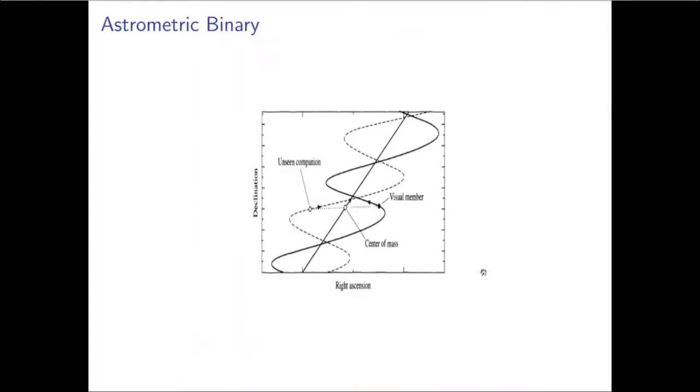And there's obviously the other type, which is an astrometric binary. The issue with an astrometric binary is there's only one visual member. We really can't observe its companion due to a couple of reasons. One is obviously due to its magnitude.